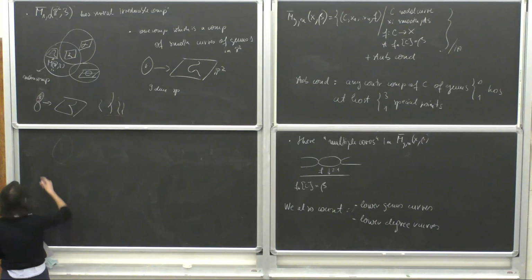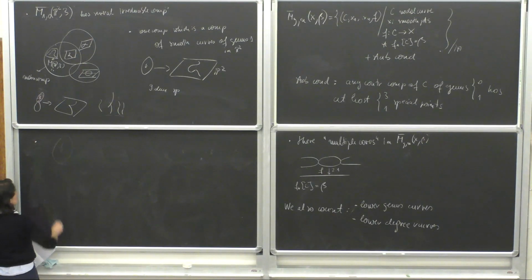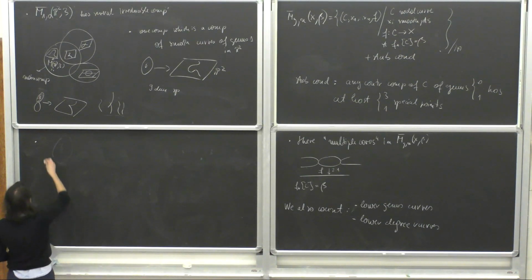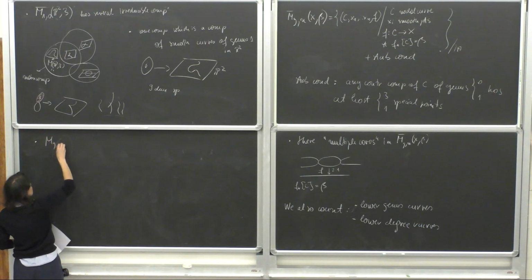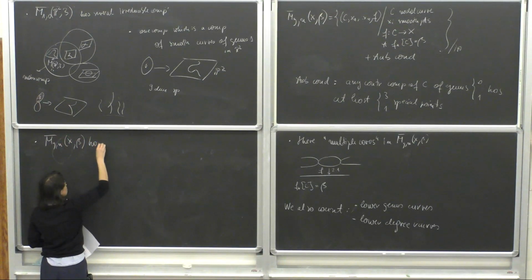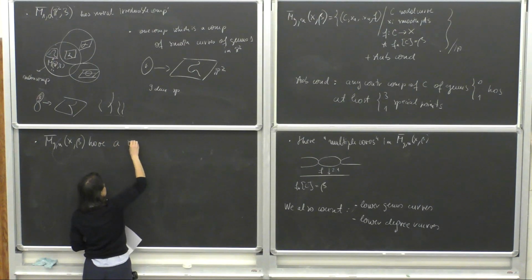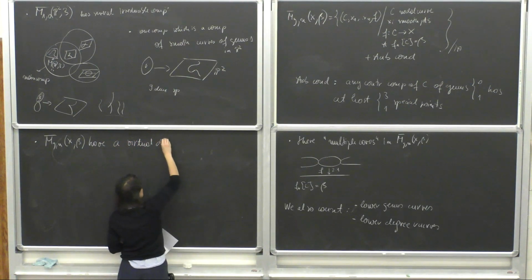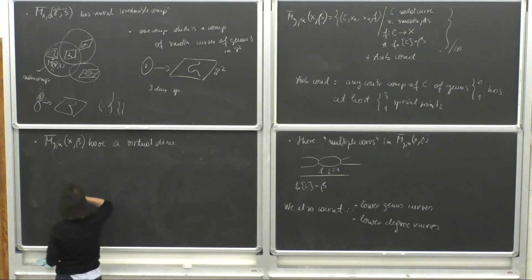Right, and there is one technical gadget that I will not say much about, but these spaces, M_{g,n}(X, beta), have an expected dimension. I will call it a virtual dimension.